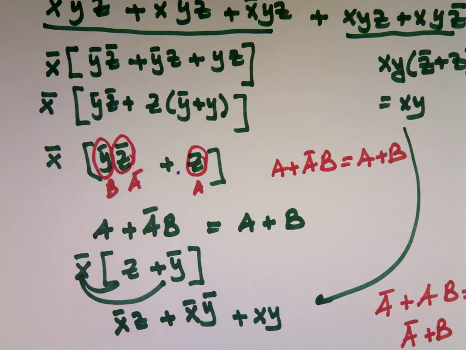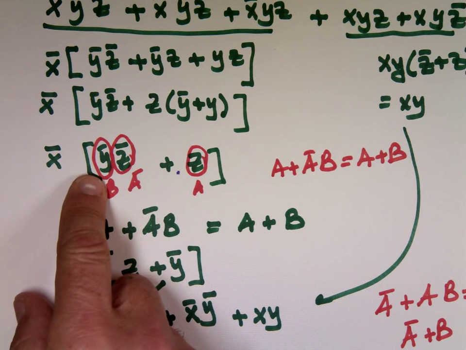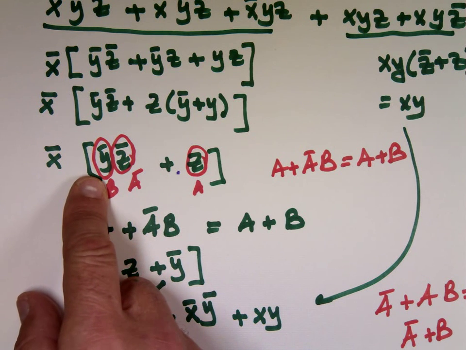So it doesn't matter if the other one has a bar or not, it's just a different variable, correct? Yep, I'm just using the rule, trying to equate them, set this equal to that. I don't care if that is, say, B bar, it's still equivalent: A plus B bar. Correct. Yep.